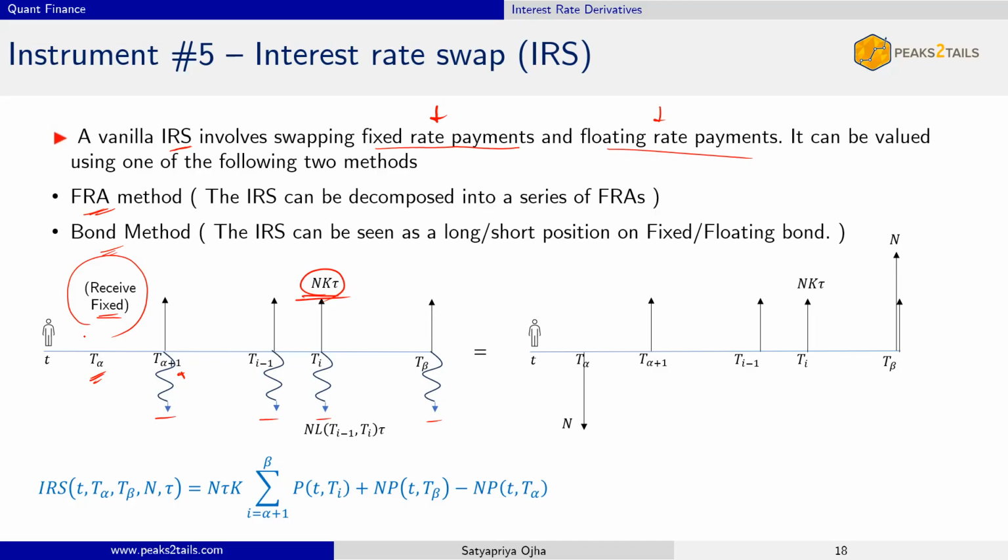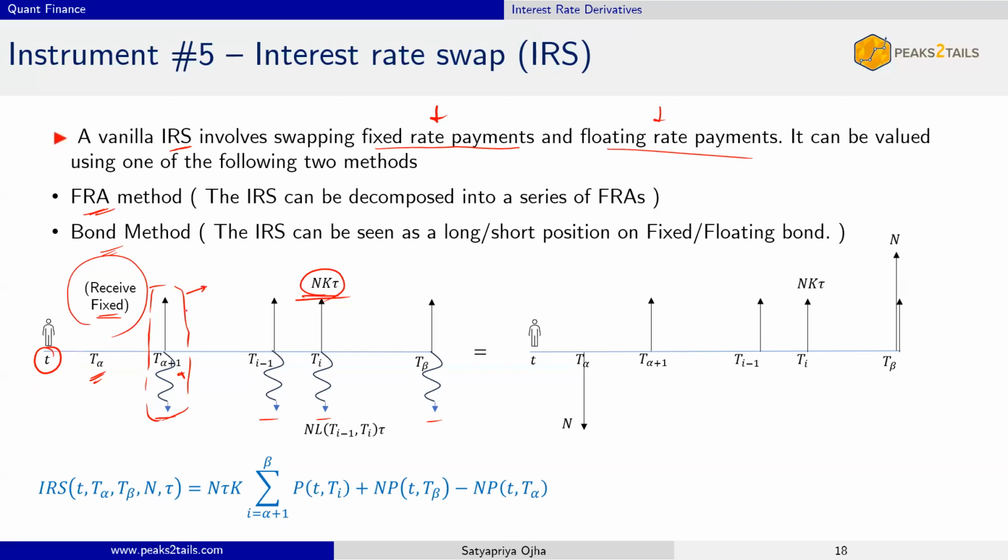From a valuation perspective, we want to value the IRS here at time t. This is easy peasy, I mean, we already know how to do it. So there are two ways to look at it. One is, you see, these are a series of FRAs. Look at this part. This is one FRA. Forget about all the other items in this entire diagram.